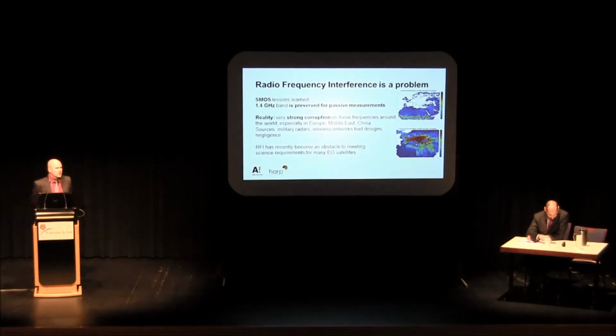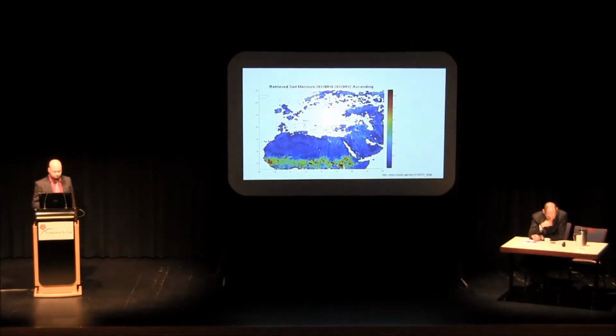And as we know, we are going to have more and more remote sensing satellites for Earth observation, and also tighter and tighter use of the radio frequency spectrum. So it's becoming a more pronounced problem every year.